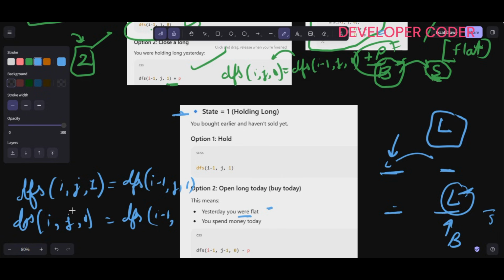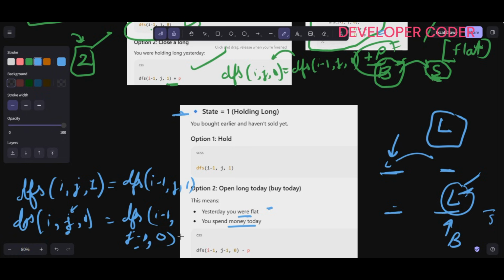That also means this j value, the transaction, will be reduced, right? j minus 1 and 0. This is showing the number of transactions you have completed, but that simply means here you are starting a new transaction, right? So here I need minus 1, need 1, right? And if you are buying something, that simply means you are giving away your money, right?